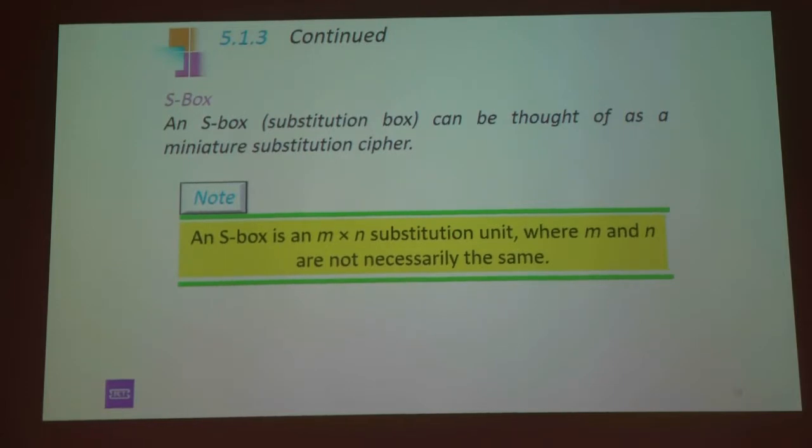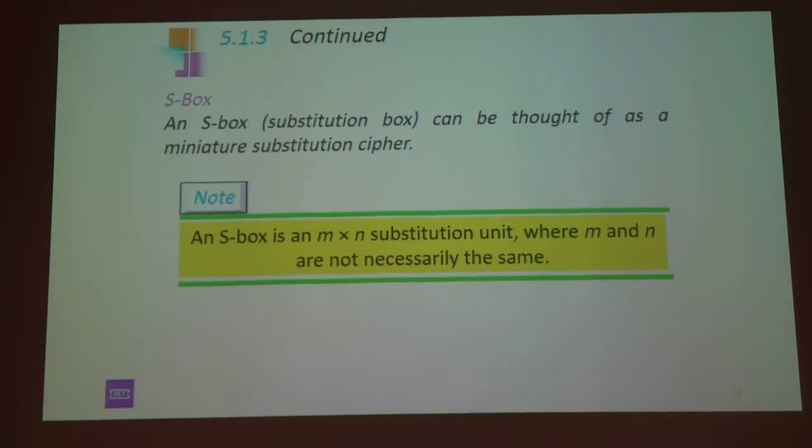So P-box is for what? Permutation. S-box is for what? Substitution, right? The S-box, substitution box, can be thought of as a miniature substitution cipher.